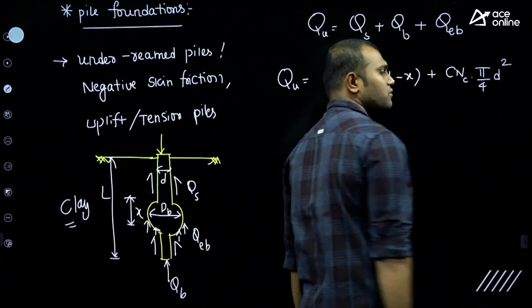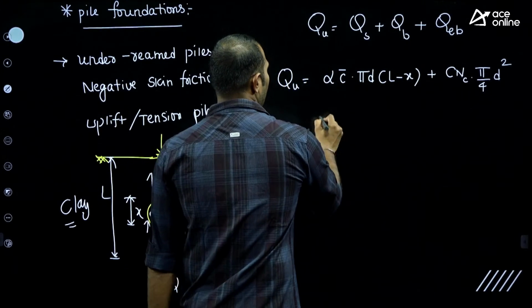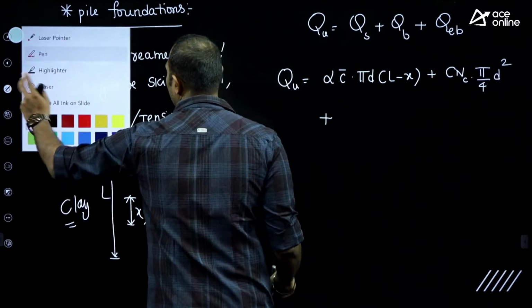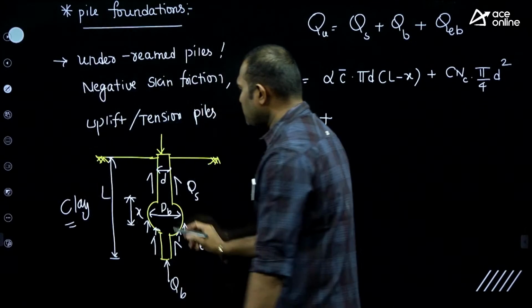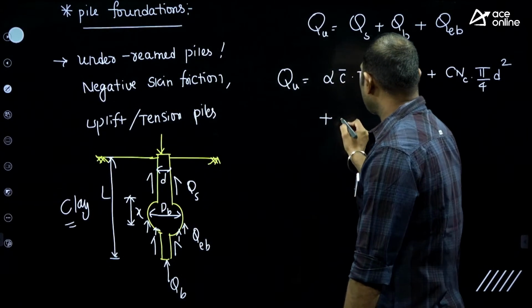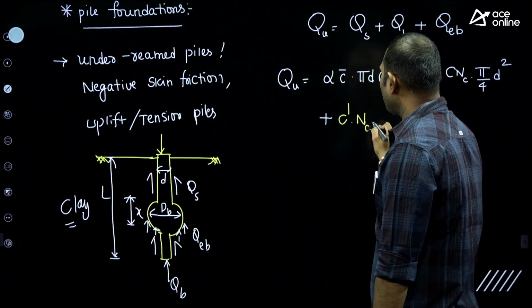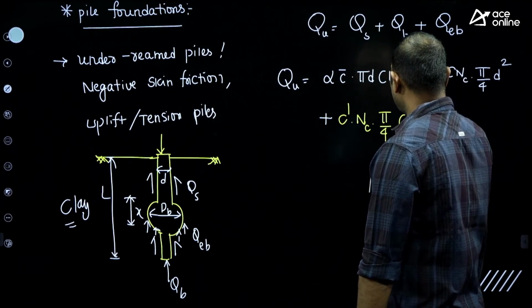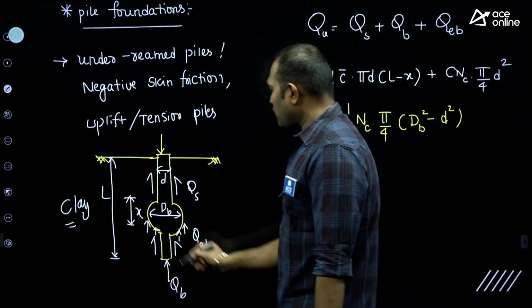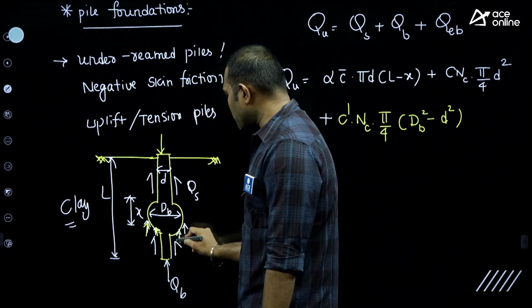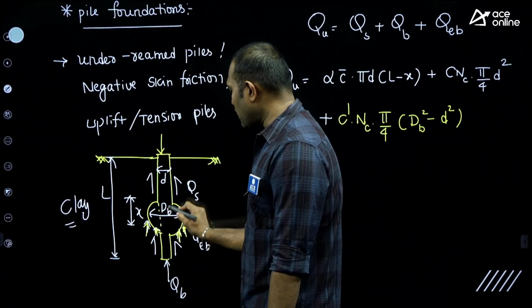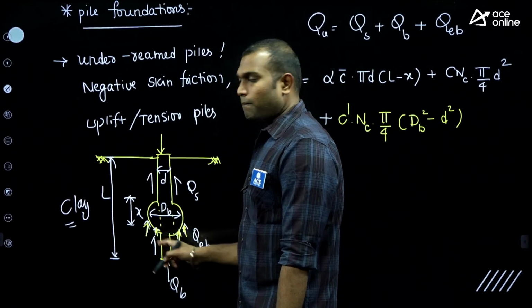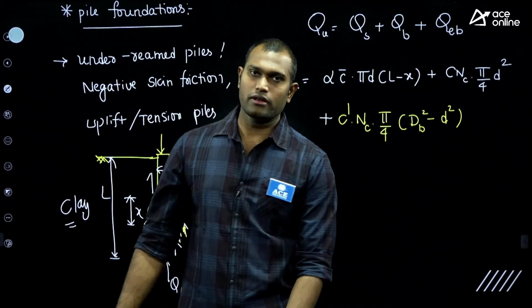What about that QEB? There must be some cohesion in the bulb portion. Let me take it as C dash into Nc into pi by 4 into (dB square minus d square). That happens only in the outer portion, so we take the outer area only: pi by 4 (dB square minus d square).